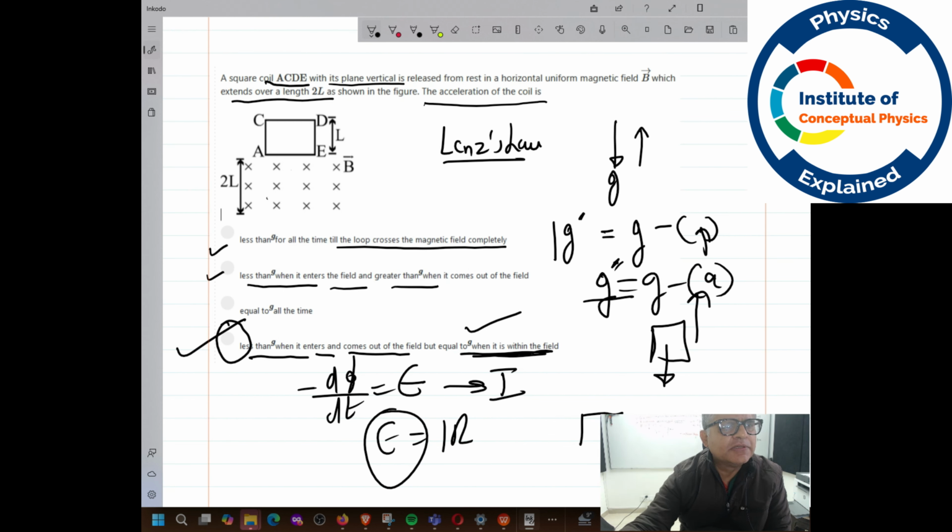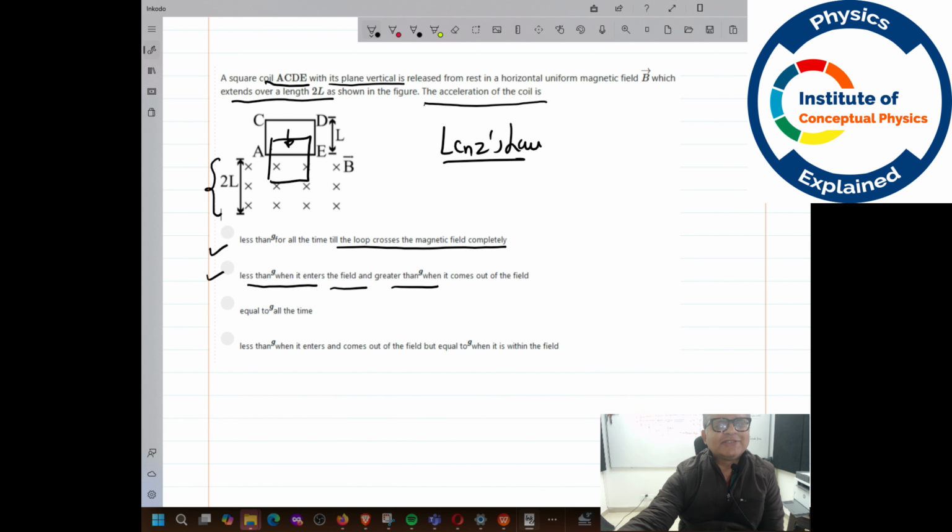The CD side, for example, is here, and this is how the loop looks. It's a square loop, so don't worry about the figure. So it starts entering and experiences an upward force, which means gravity is pulling it down and it is experiencing an upward acceleration because of Lenz's law.